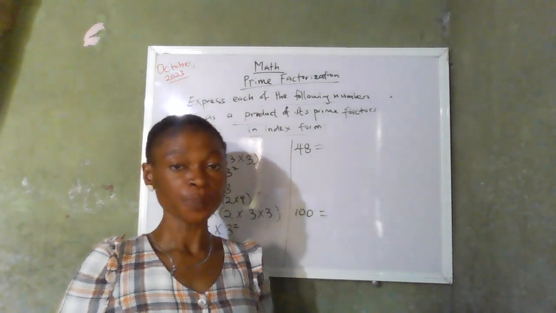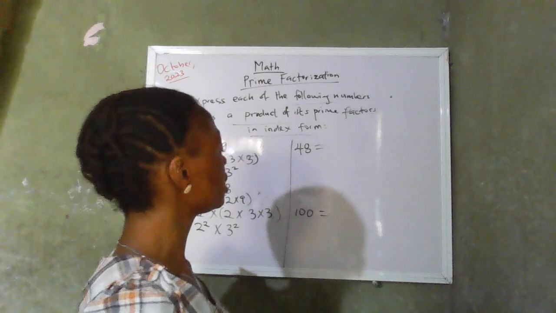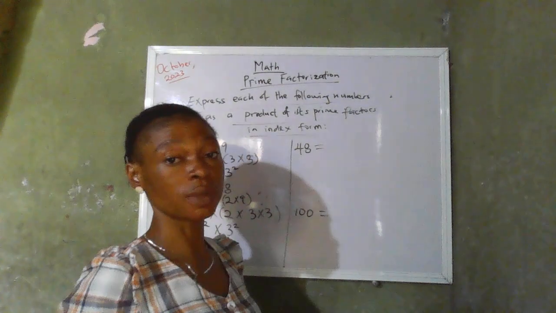Okay, now listen up. Let's solve together. First of all, let's find factors of 48.